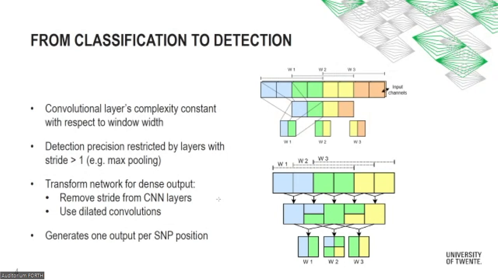And if this is done for all layers, we can actually get one output for each input column, so SNP column, for instance, that we give. As you see here, the output is more dense except for some edge values. And in this way, we can actually fully reuse all the available computations for overlapping windows, making detection much more efficient.